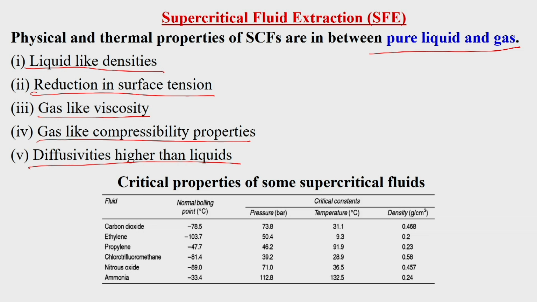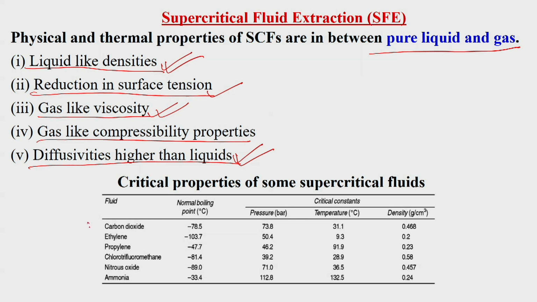Whenever we use a supercritical fluid for the extraction of a particular target component, we get the help of all these properties: density is liquid-like but not so high, surface tension is decreased, viscosity is like gas, and diffusivity values are higher than liquid. That is an important point, and for that reason a supercritical fluid can efficiently extract the target component from the solid.